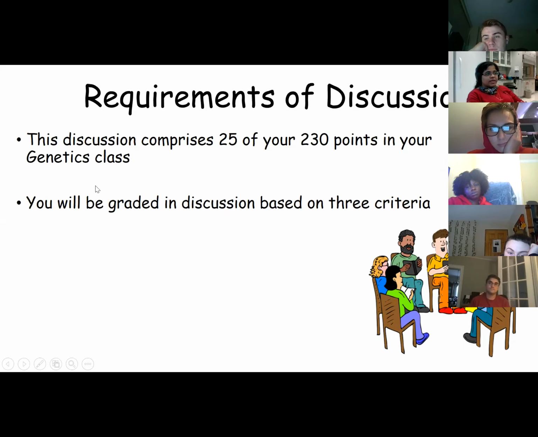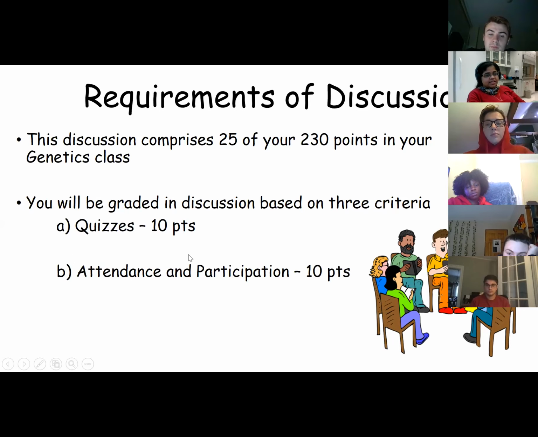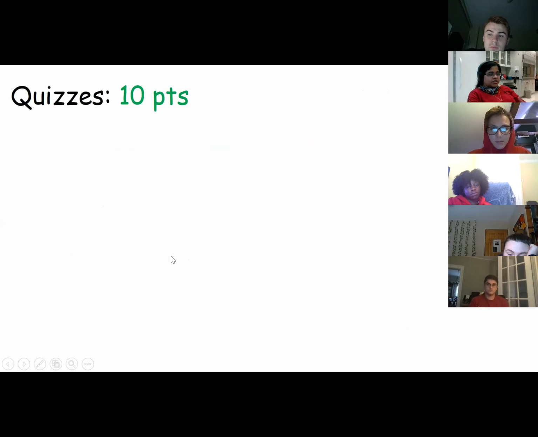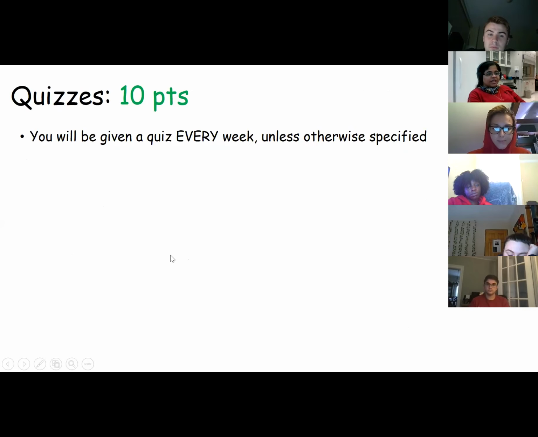One of the things I should tell you, I am deviating a little bit from Dr. Osuna's syllabus on that part, where you end up with quizzes 10 points, attendance and participation 10 points, and presentations 5 points.